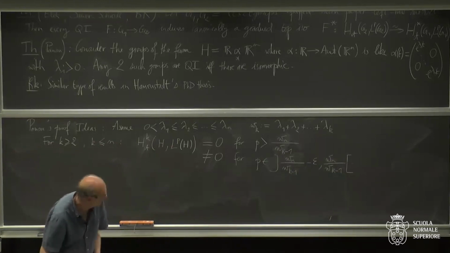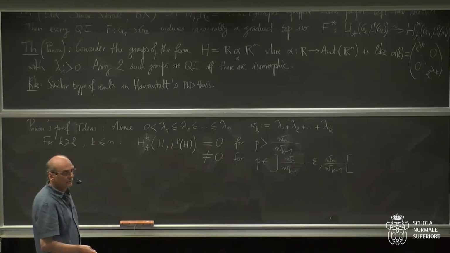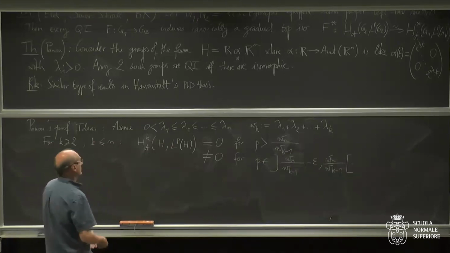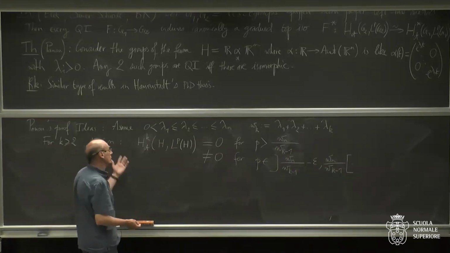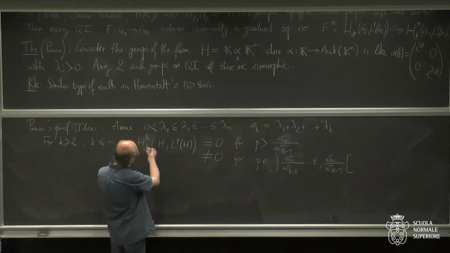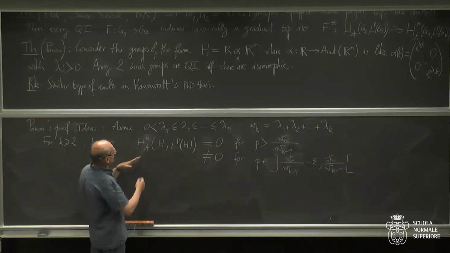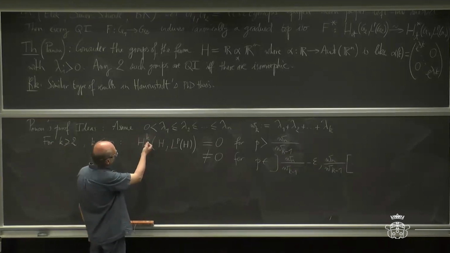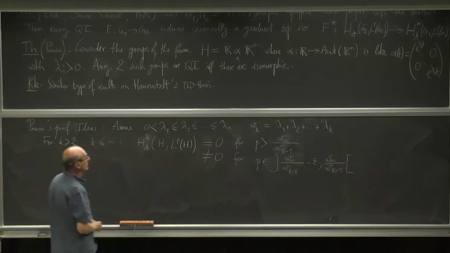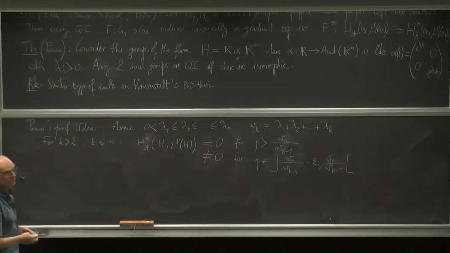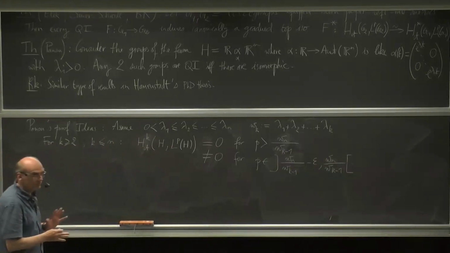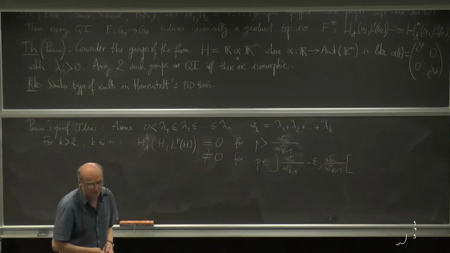Can you translate this to the boundary at infinity? Yeah, so in some sense one can. What Pansu is doing is that his idea is to represent this cohomology space on the boundary. But you can also directly work.